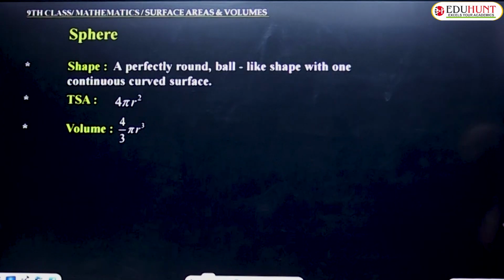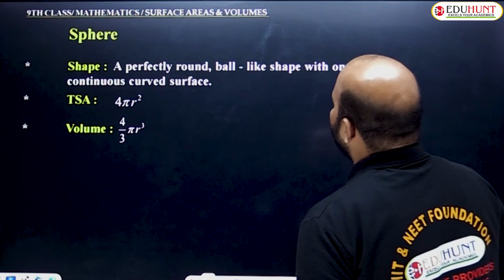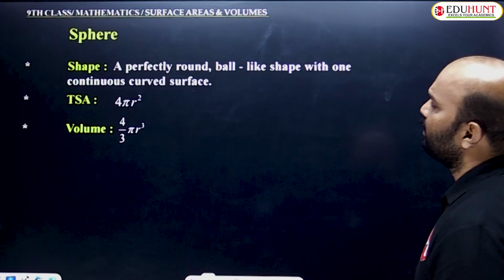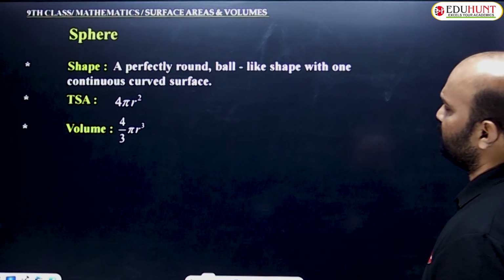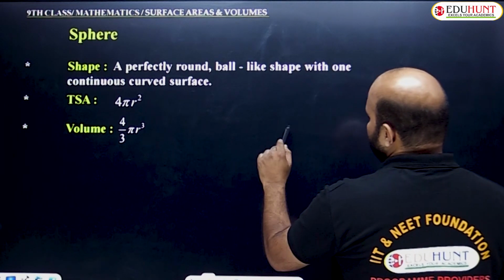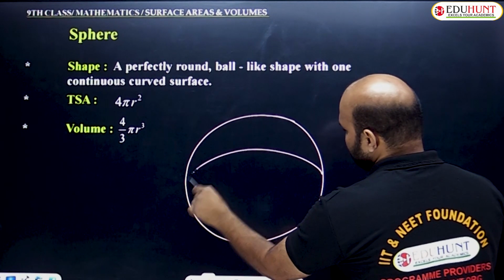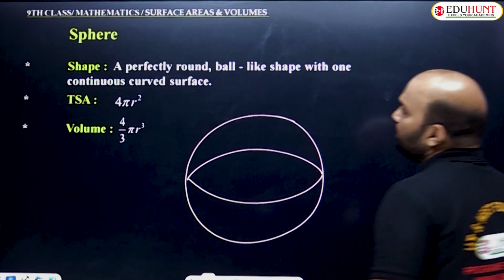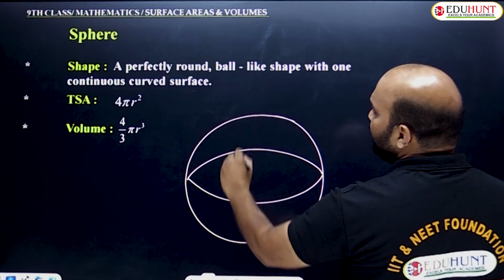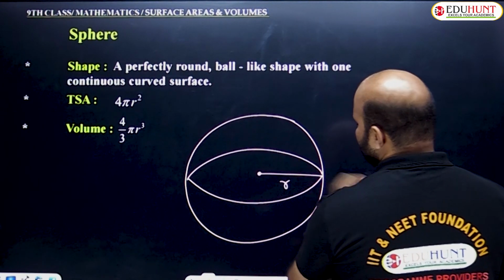Am I clear? Next one, sphere. A perfectly round ball-like shape with one continuous curved surface is called a sphere. A sphere contains a radius.